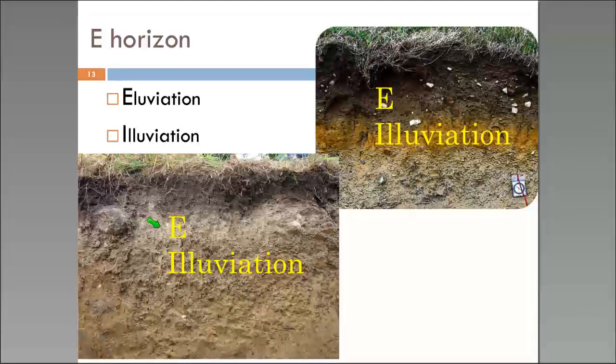And that is due to eluviation of soil minerals like iron and aluminum from one horizon to the horizon below it, which is the zone of eluviation. So E horizons are quite distinct, not really common in semi-arid regions though.